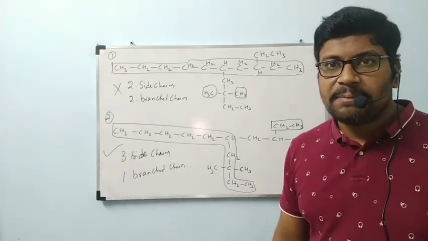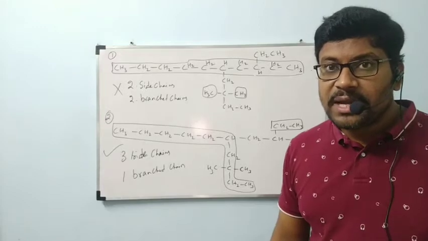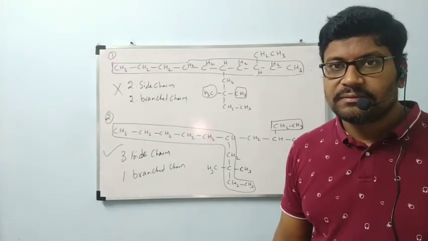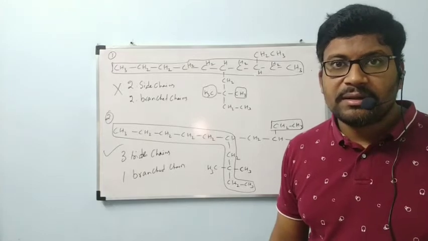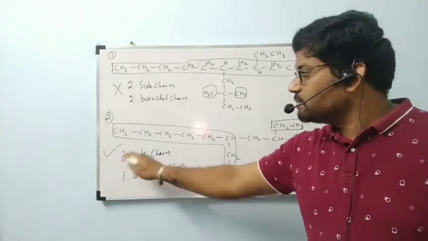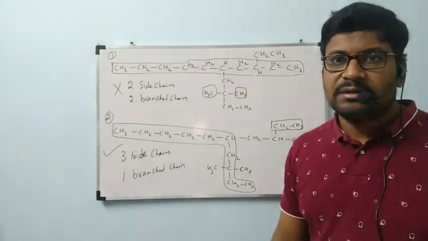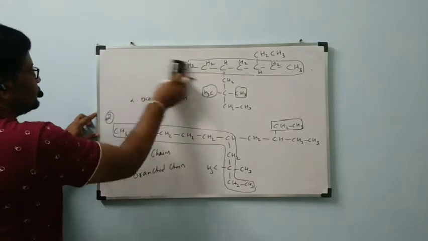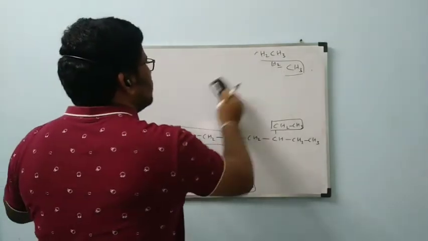We have to select the parent chain so that it contains the maximum number of side chains. This one has 3 side chains. So this possibility I am going to take as the parent chain, and this possibility is not needed.